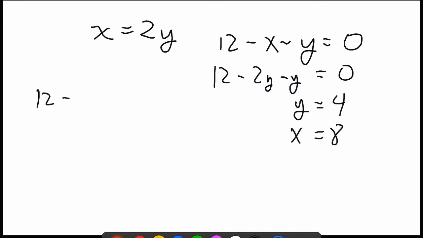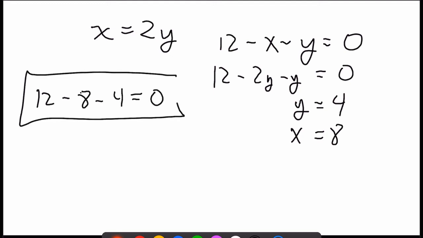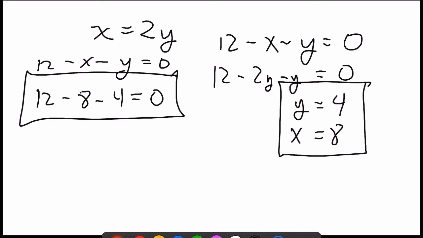And that fits my constraint, right? It's goodness. Just trust me.